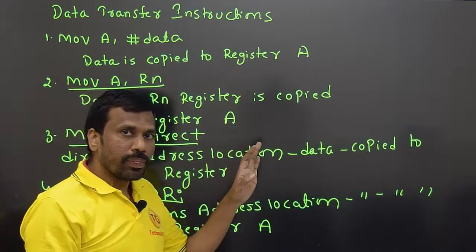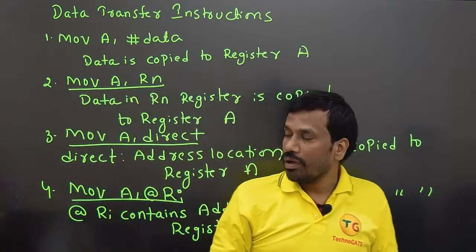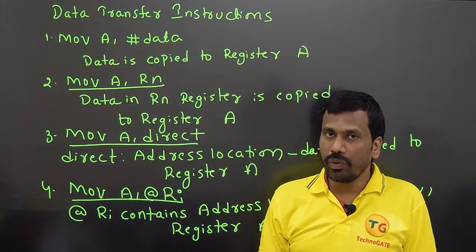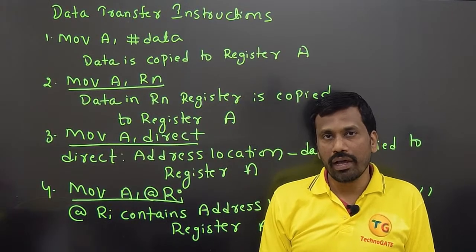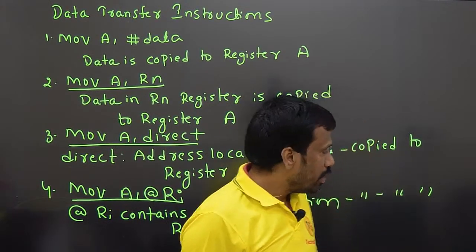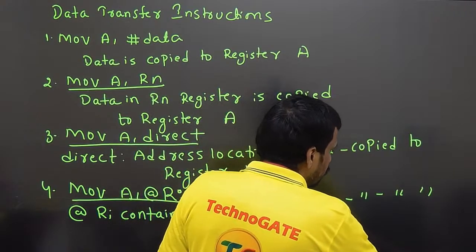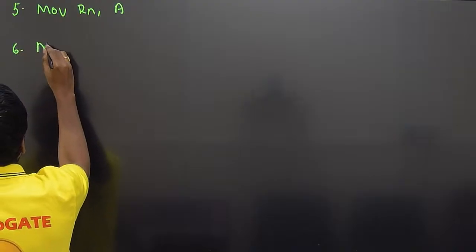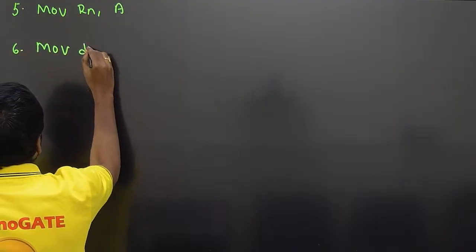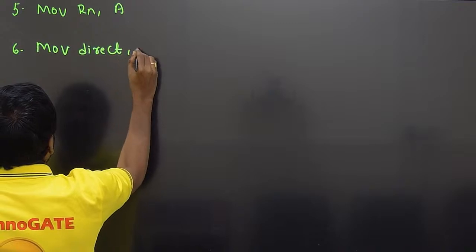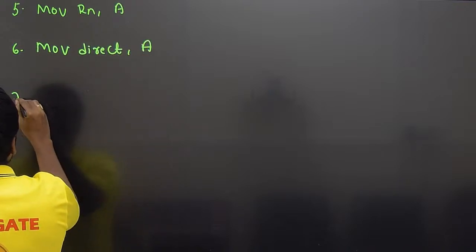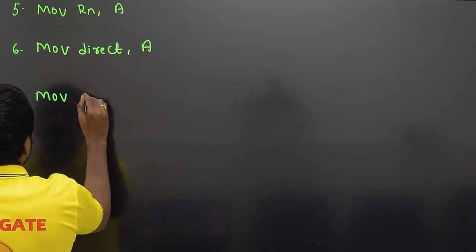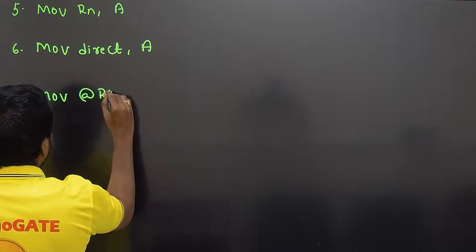Second one is MOV A, Rn. Third one is MOV A, direct. Fourth one is MOV A, @Rn. Now we are doing the reverse. Reverse means MOV Rn, A. Next, MOV direct, A. Next, MOV @Ra, A.